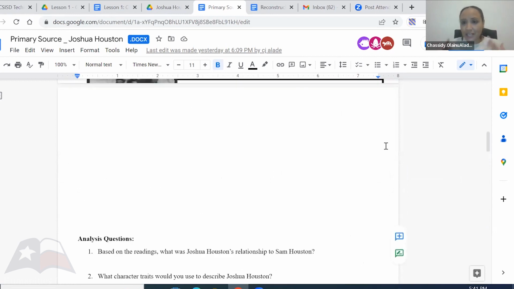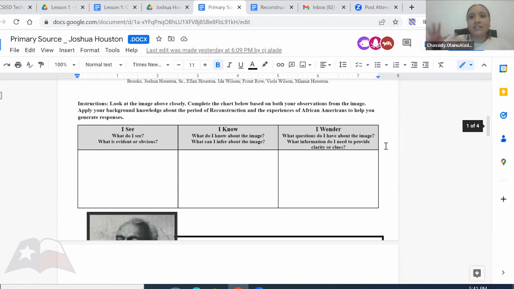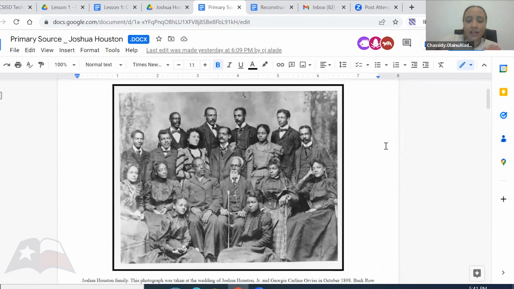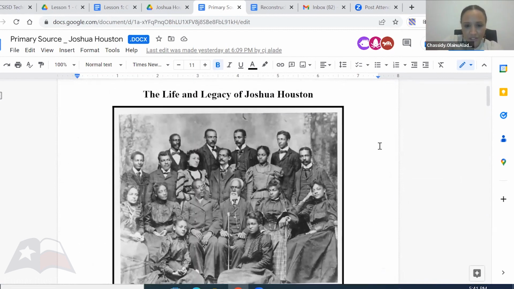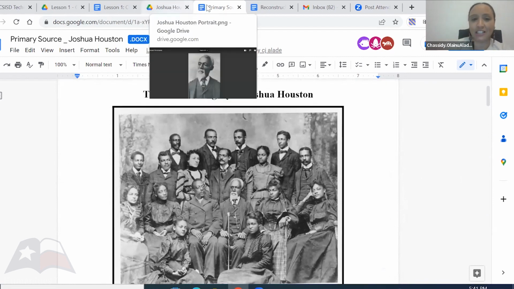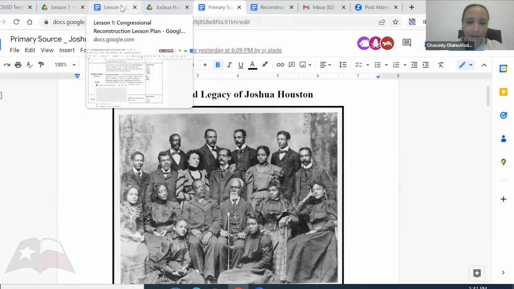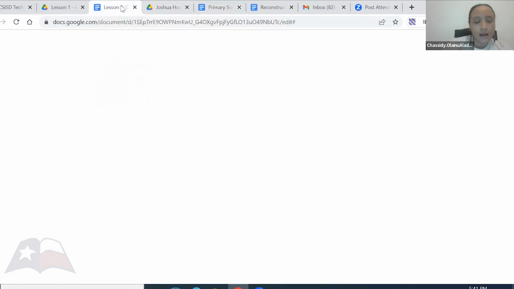So you can start to see what African Americans did by and large. Thank you to Miss Charlotte, I believe, who suggested Joshua Houston, because I think it's a fascinating look into the life of freed people of color and the decisions and choices they made after emancipation.